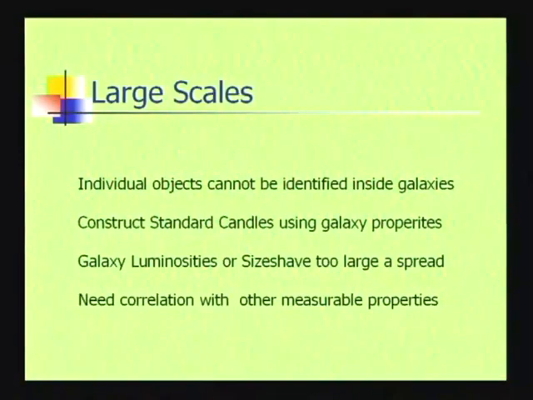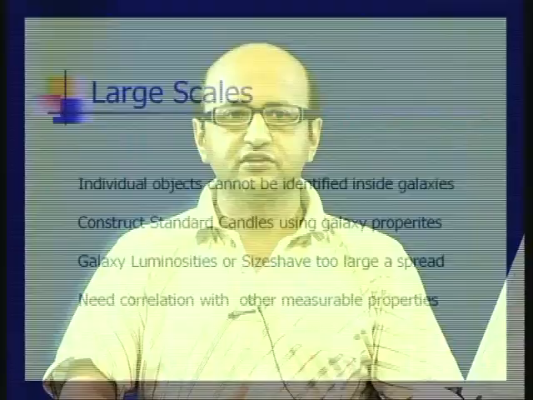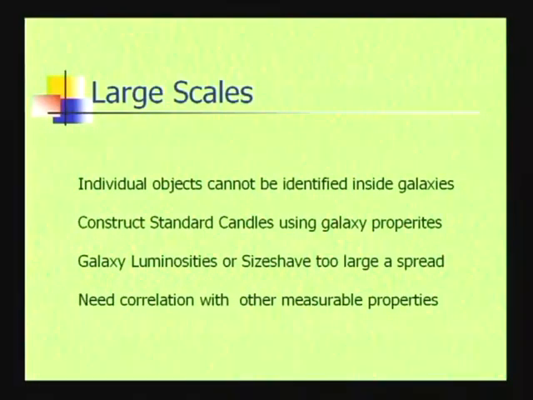So, we will start with the large scales, tens and hundreds of megaparsec. Now, let me go over this point by point. First point is that at these large scales, you cannot identify individual objects inside galaxies.